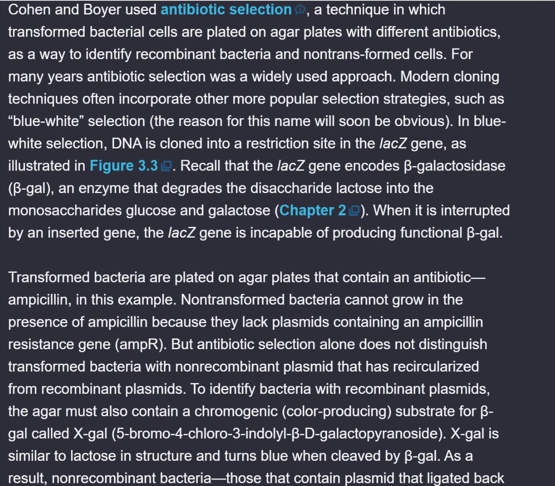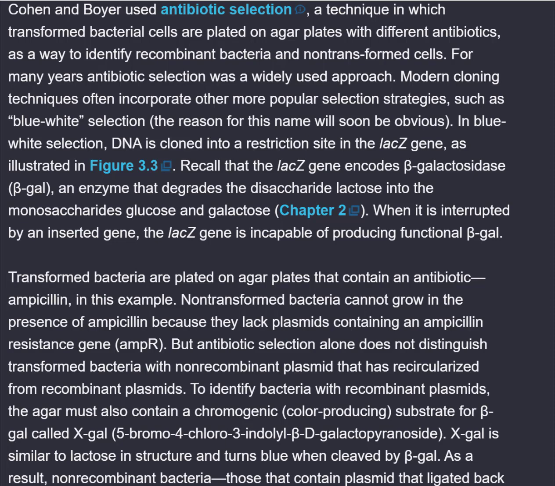Cohen and Boyer used antibiotic selection, a technique in which transformed bacterial cells are plated on agar plates with different antibiotics, as a way to identify recombinant bacteria and non-transformed cells. For many years, antibiotic selection was a widely used approach. Modern cloning techniques often incorporate other more popular selection strategies, such as blue-white selection. The reason for this name will soon be obvious.